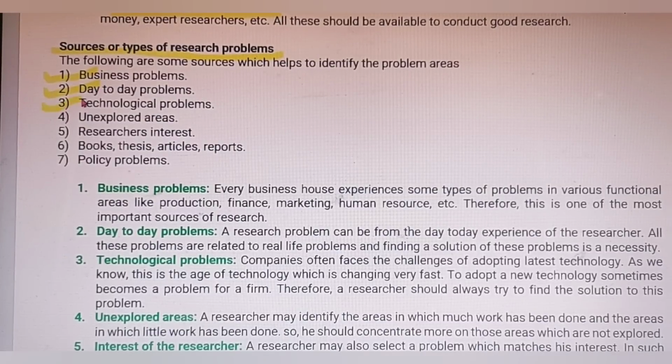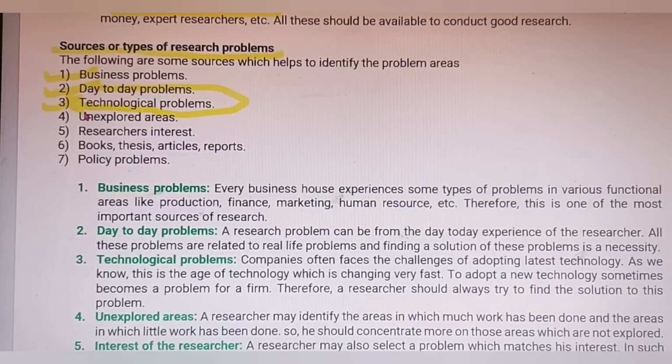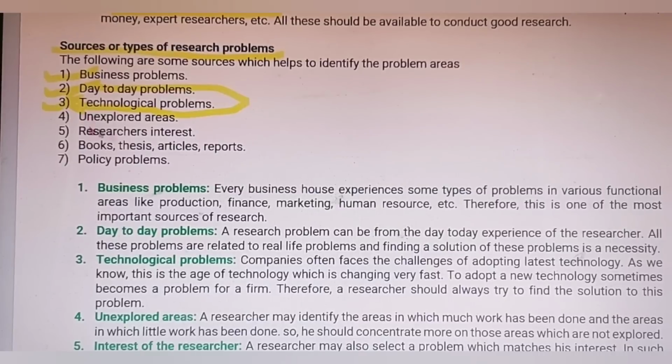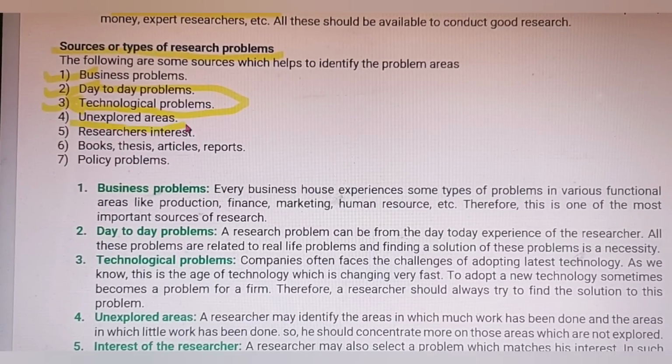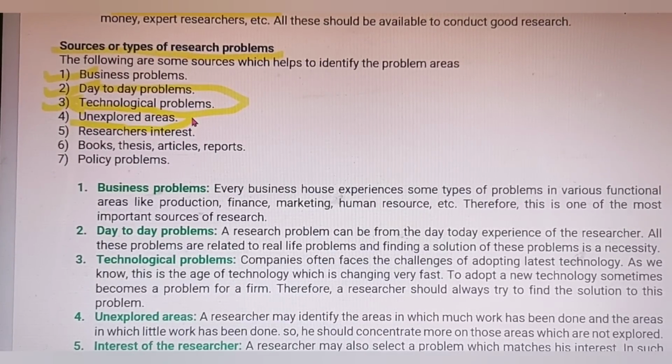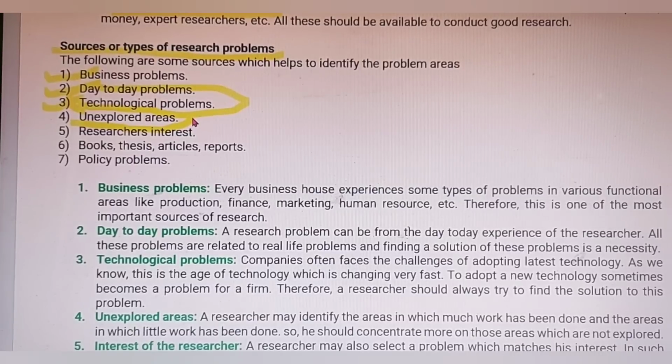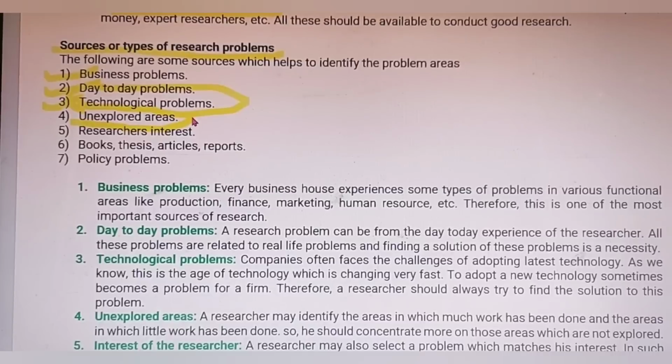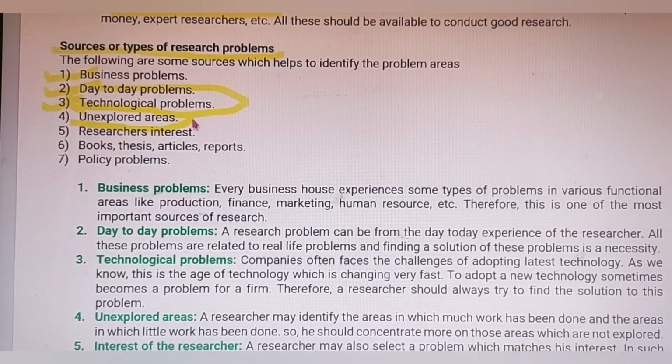Then there are some problems with technology, and in technology research is always done, right? Otherwise we will not be able to get the new technology. Then there are some unexplored areas where human beings always want to know something new, so research is continuously being done over there.